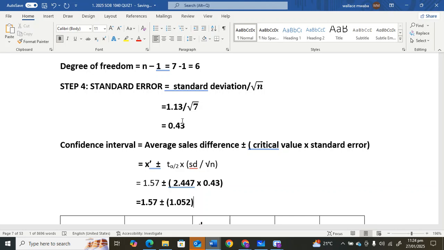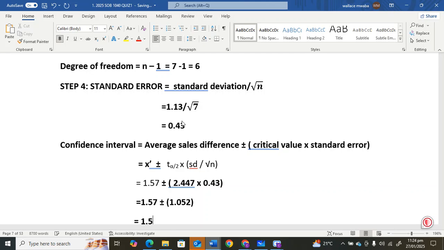Since this is a confidence interval, it means we have our lower limit and our upper limit. Remember, this range represents when there's a drop in sales. That drop in sales is going to be in this range. First, 1.57, we find our upper limit: 1.57 plus 1.052. What do we get?